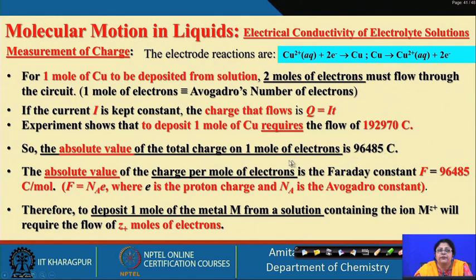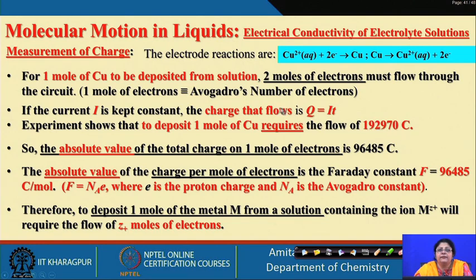Why do we say the absolute value of total charge on 1 mole of electrons? Because experiment shows that deposition of 1 mole of copper requires a flow of 192970 coulombs.